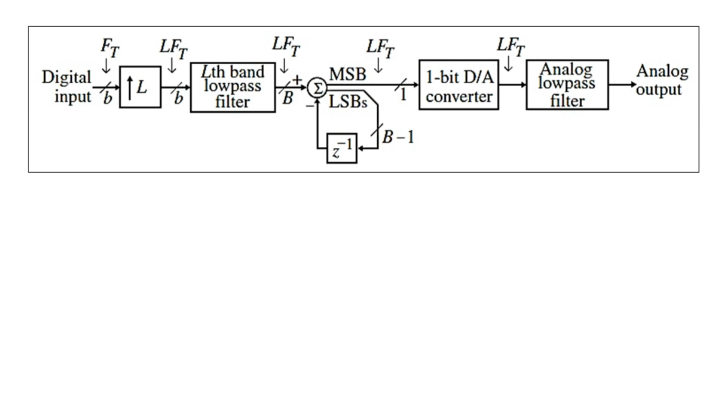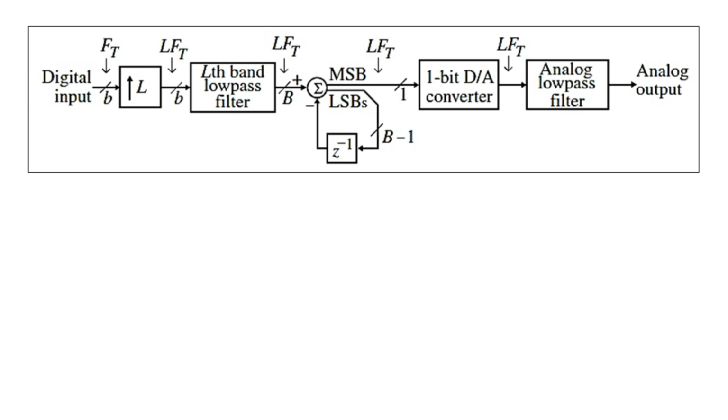The entire block schematic you see on this slide. Here we have first of all the digital input, with bits B, and then the interpolation takes the sampling rate from F T to L times F T. Along with the interpolator, here we have the Lth band low pass filter.